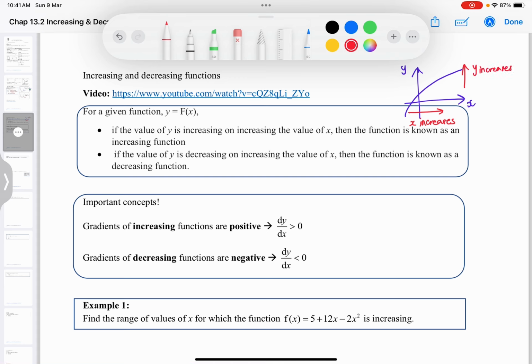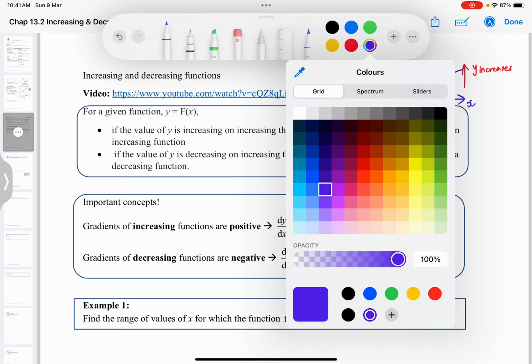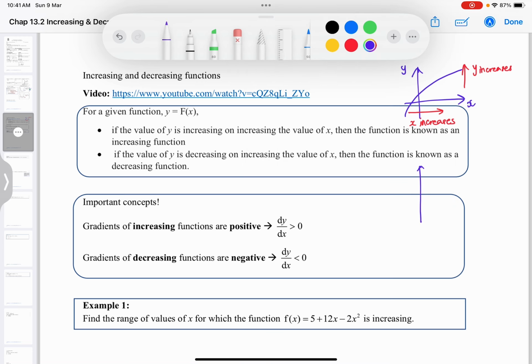Okay, and then a decreasing function will look like this, something like that. And then when x is increasing, your y is actually decreasing. So this will be known as a decreasing function. And what do you notice about these two graphs?